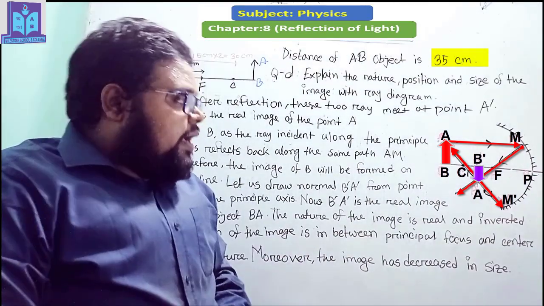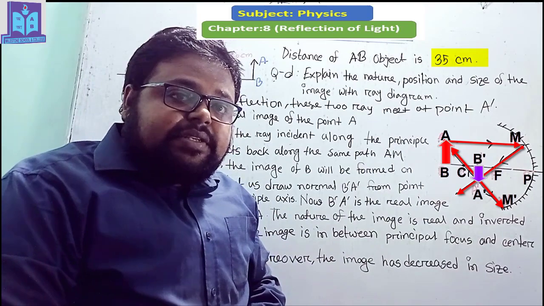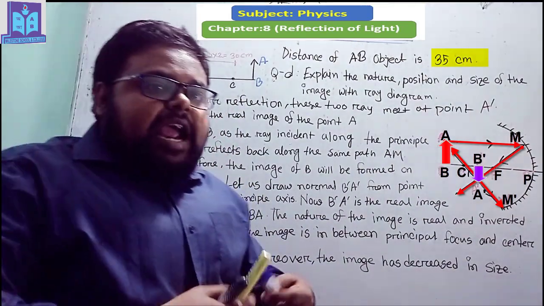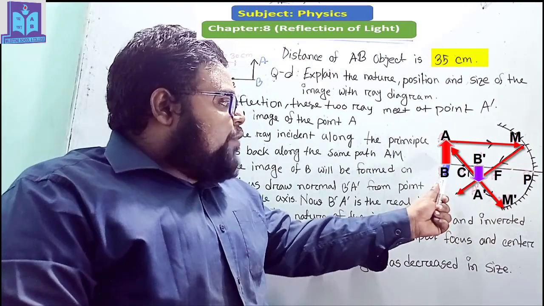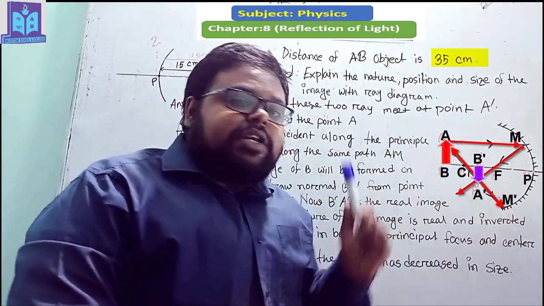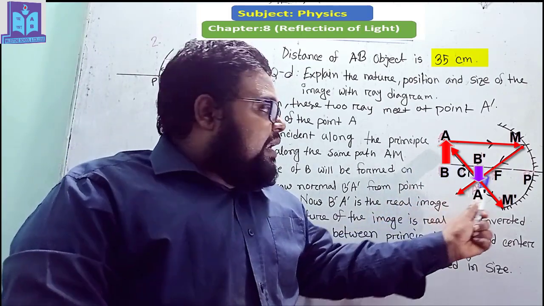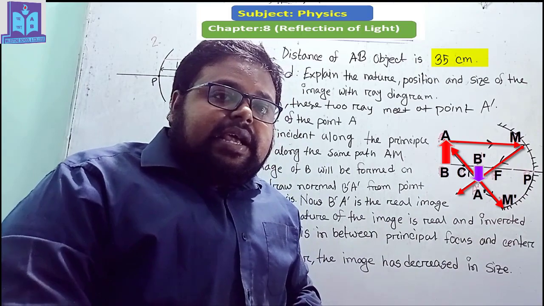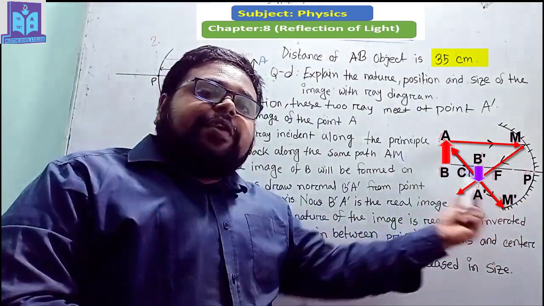Here you can see that AB is the real object, and at first from the bottom side of the object, that means from the B point, the light is traveling towards the center of the mirror. When the incident ray is incident on P point, the reflected ray will go back along its previous path.